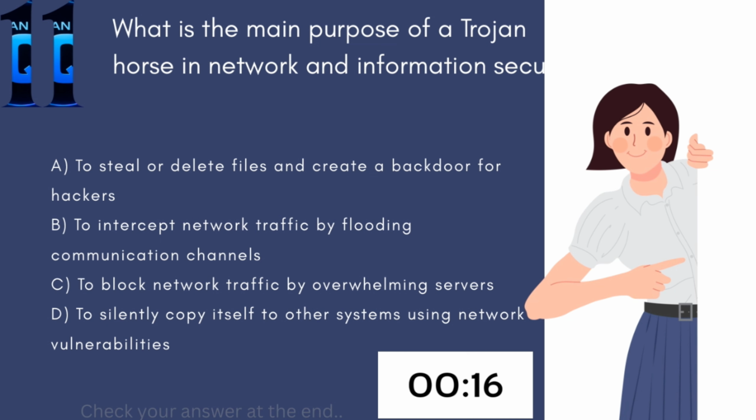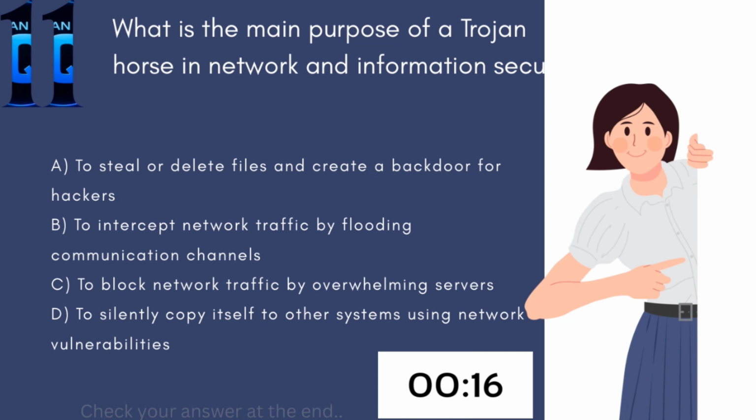Option B suggests intercepting network traffic by flooding communication channels, which is more characteristic of a different kind of attack, like a denial of service. Option C talks about overwhelming servers to block traffic, which again points to denial of service attacks, not Trojans. And option D mentions silently copying itself using vulnerabilities, which is more typical of worms than Trojans.